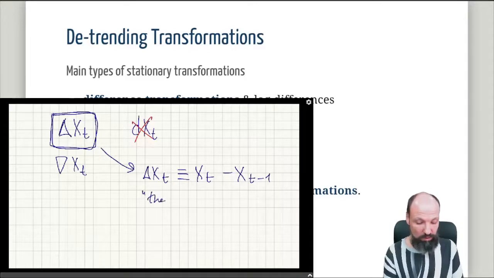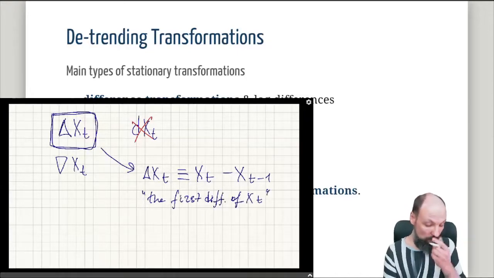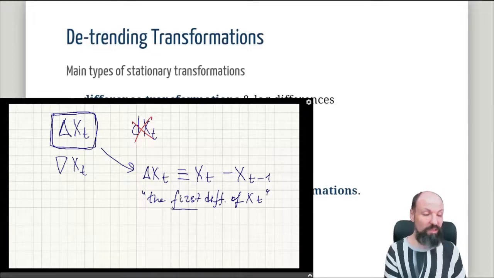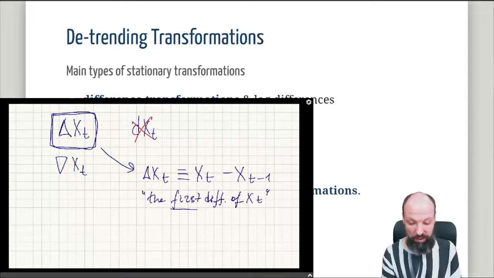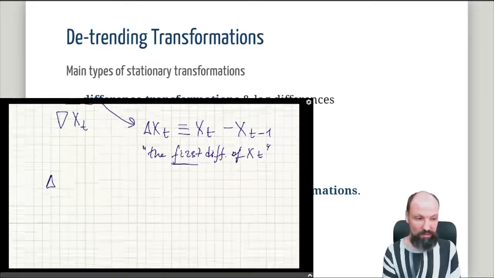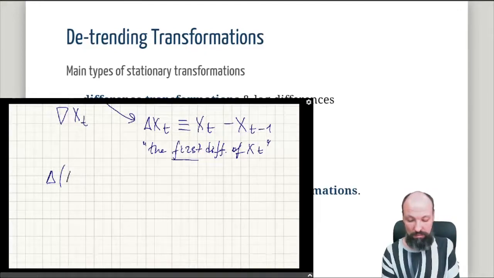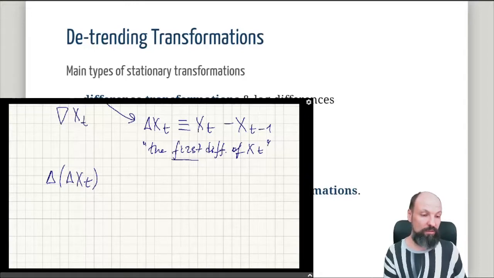Yeah, that would be called the first difference of the time series. Why the first? Because this takes the difference once. If you apply difference twice, then it would be the second difference, and so on.